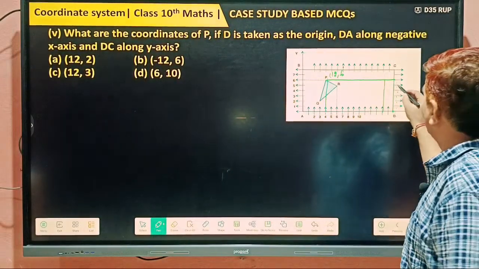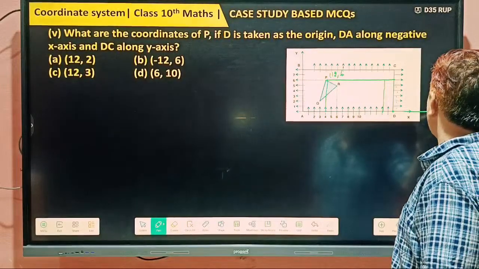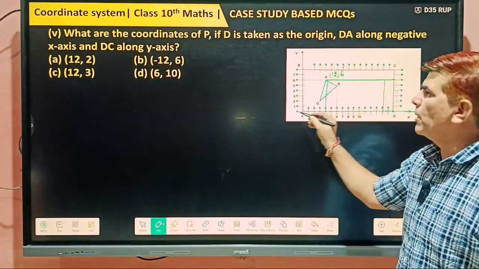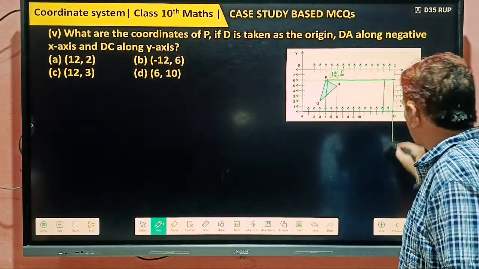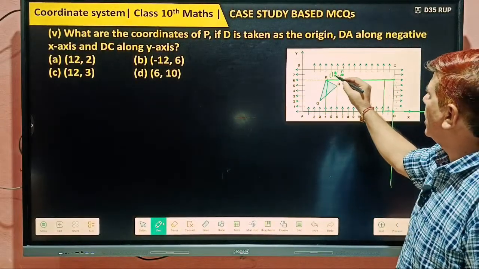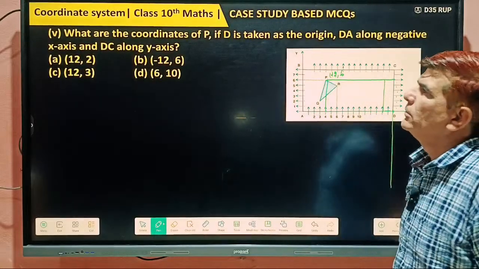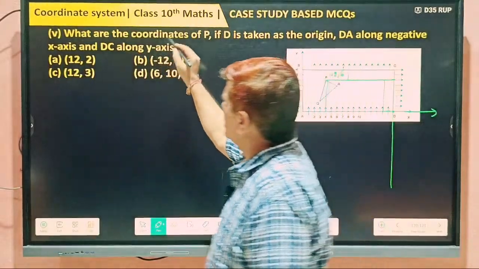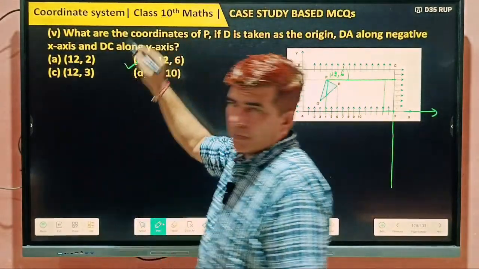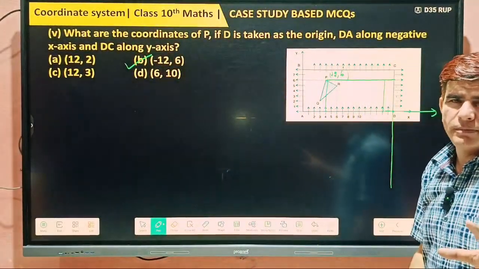Its positive part is this. This one is the negative part of the x-axis, this one is the positive part of the y-axis and this one is the negative part. So we can take minus 12. So which one is its answer? B is its answer. Understanding?